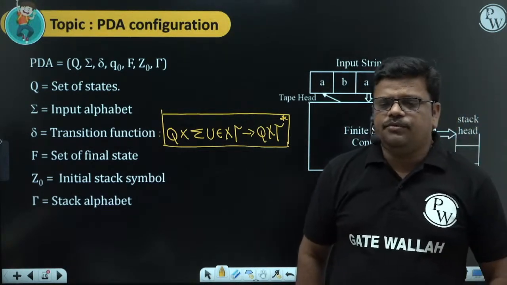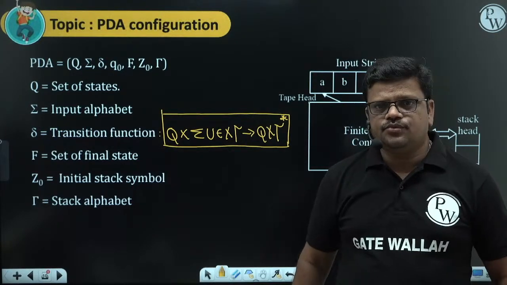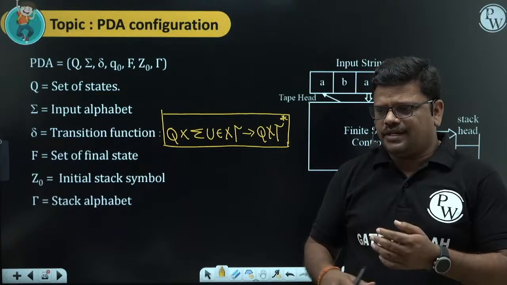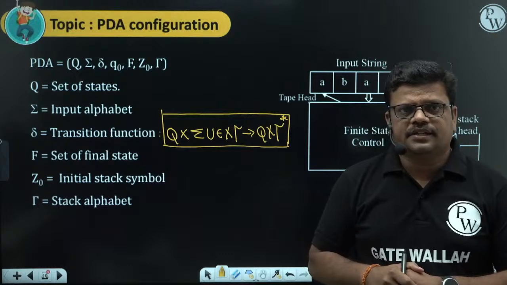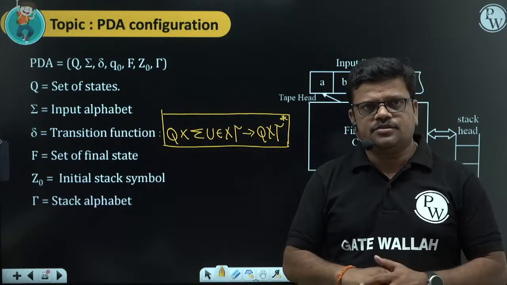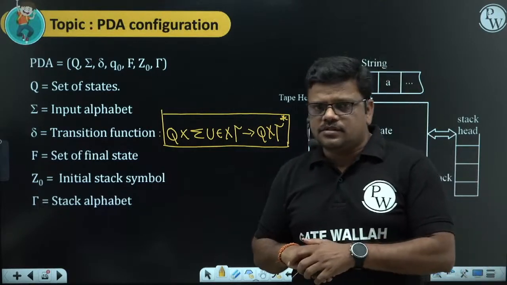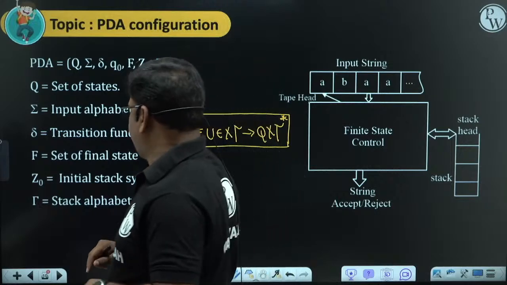Whenever we want to construct pushdown automata, we have to see whether all these 7 things exist or not. Now we have to construct pushdown automata for some languages. Arranging these 7 things in proper order is the construction of pushdown automata. Let us see what these 7 things are.